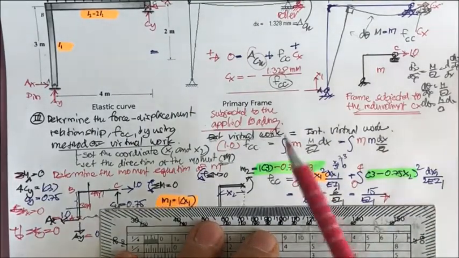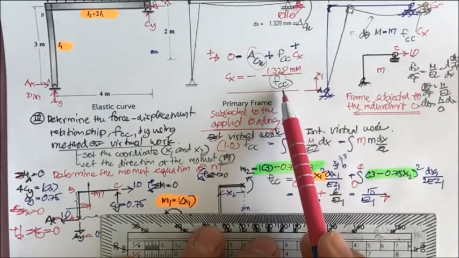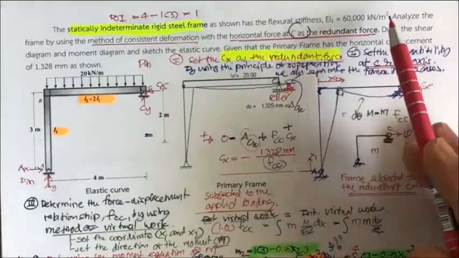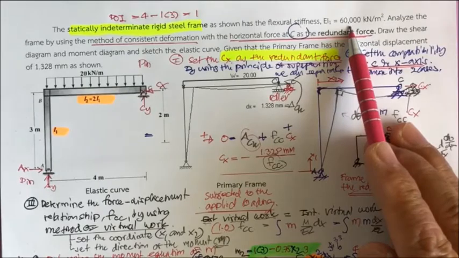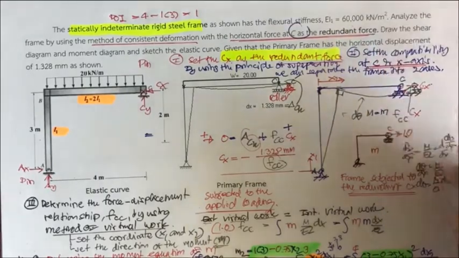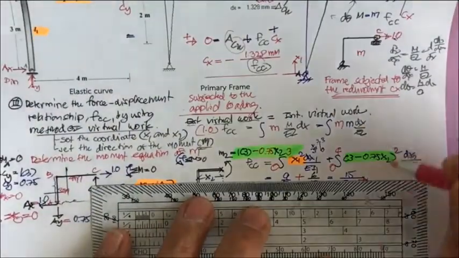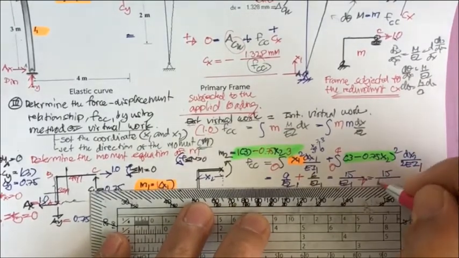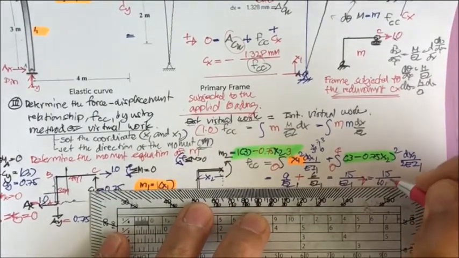Now, to come back here. Over here is millimeter divided by this. So you have to go back. The EI is 60,000 kilonewton per square meter. So this one is equal to 15 divided by 60. Okay, and then this is 10 to the power minus 3.